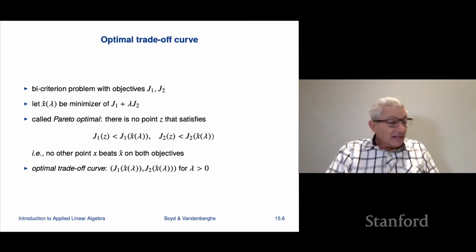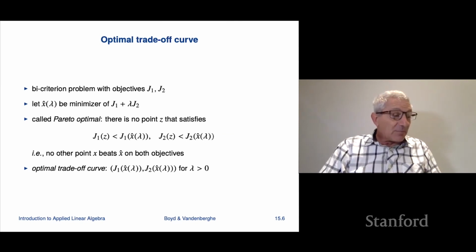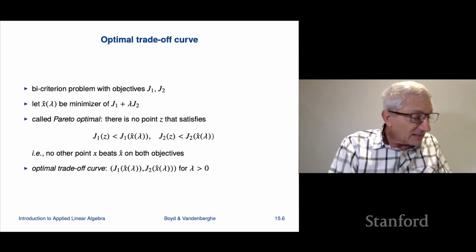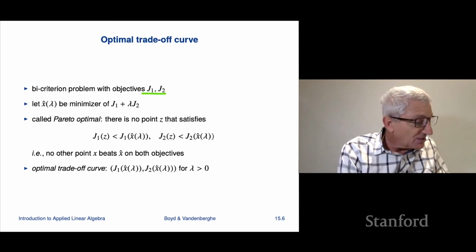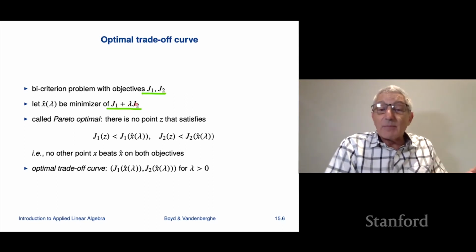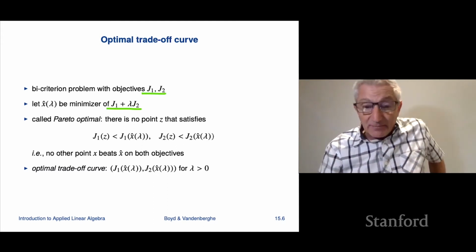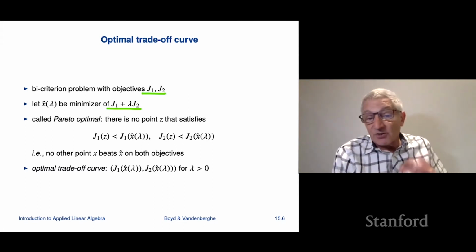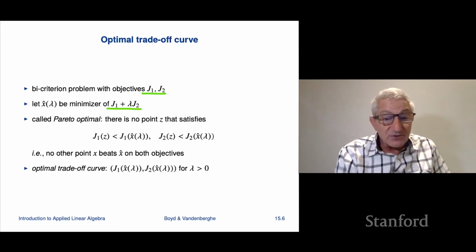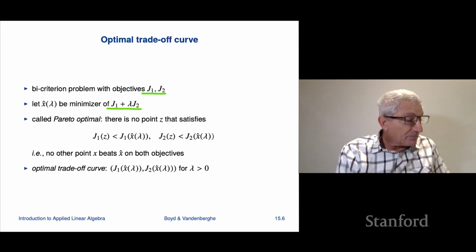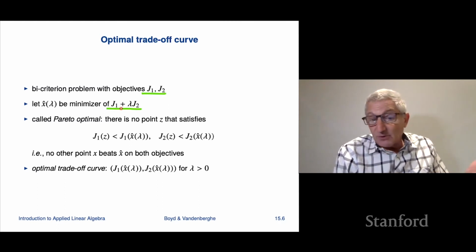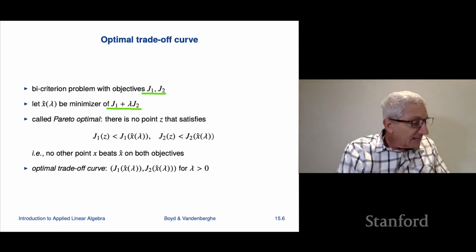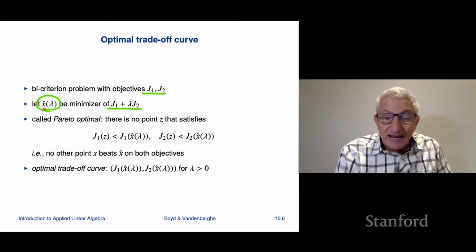Okay. Now, the bicriterion problem, right? We're just going to look at two for now. So we have J1 and J2. We're going to minimize J1 plus lambda J2. Remember that we can always just set the first lambda equal to 1 and call the first objective the primary objective. So we're going to do that here. And then we're going to imagine that we solve this for many different values of lambda, and we're going to call that x hat of lambda.